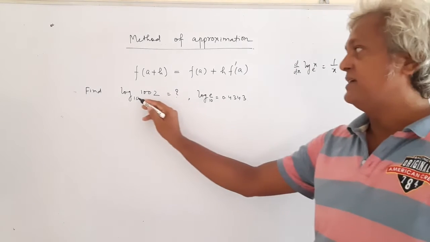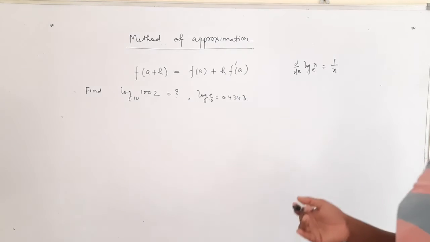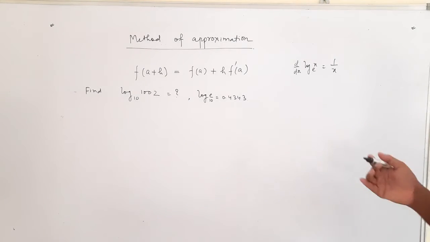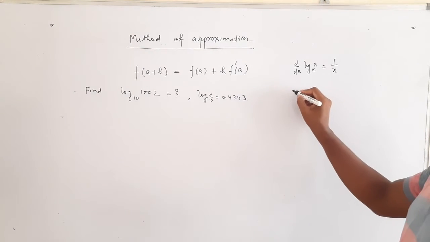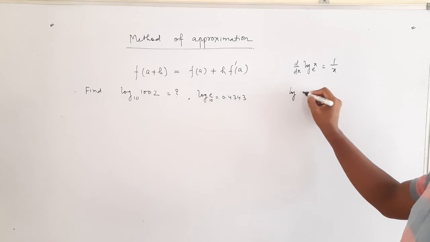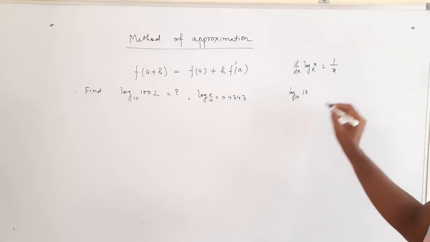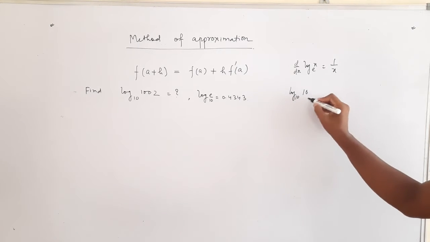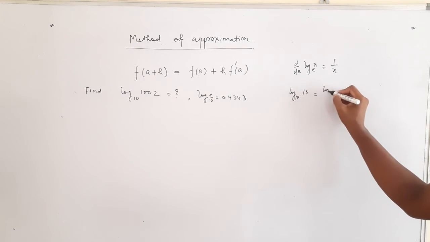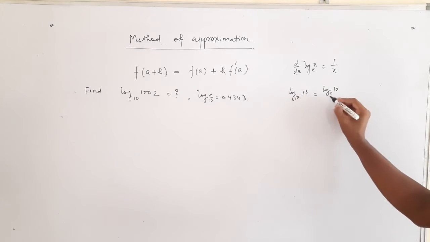And if here the base is 10, it means we may need to change the base. So I write the formula first. Change of base goes like this: log x to the base 10 equals log x to the base e over log 10 to the base e.